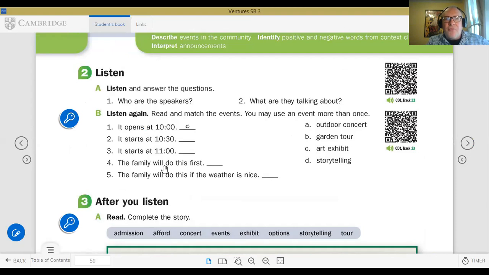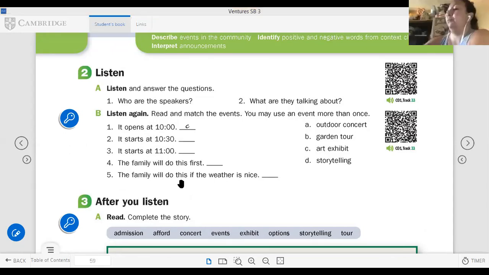What will the family do first? And what will the family do if the weather is nice? Okay, no problems? No problem. All right, very good. I'm going to turn off our microphones, and I'm going to turn on the sound so we can listen carefully. I'm going to play it, and I want you to take notes and write the answers to these questions.